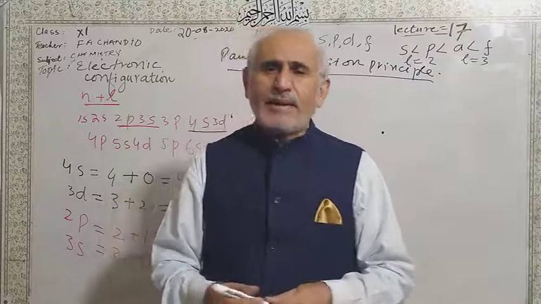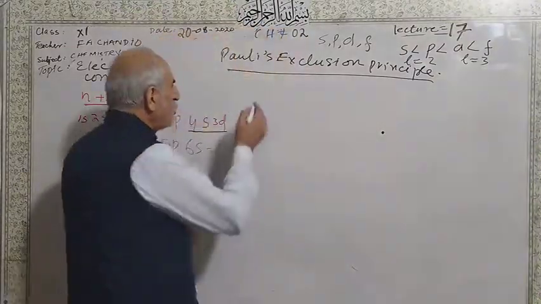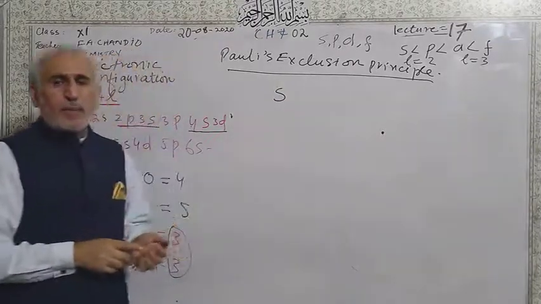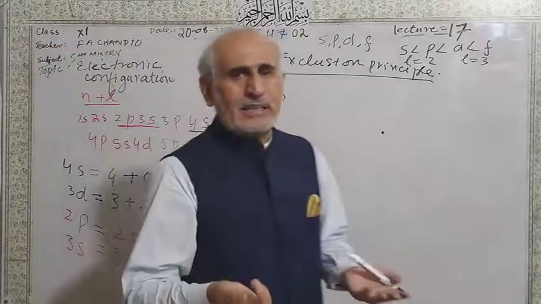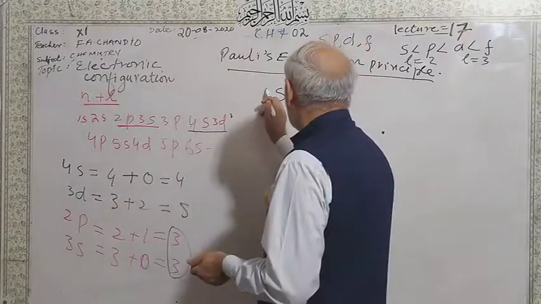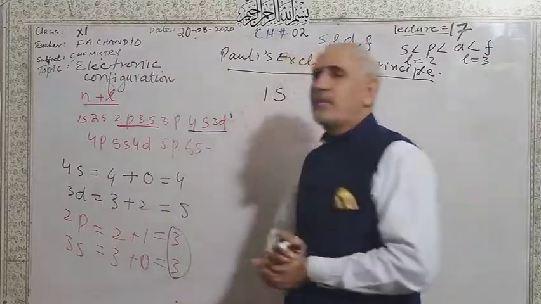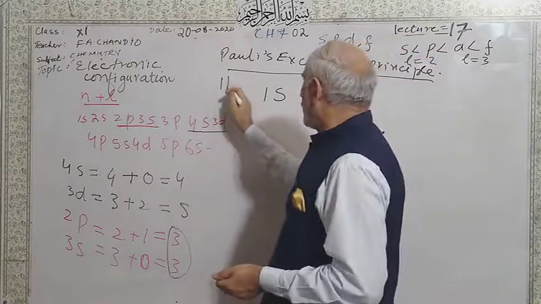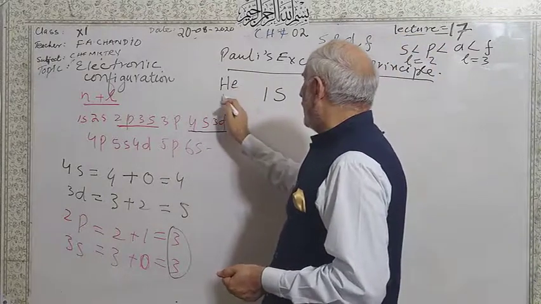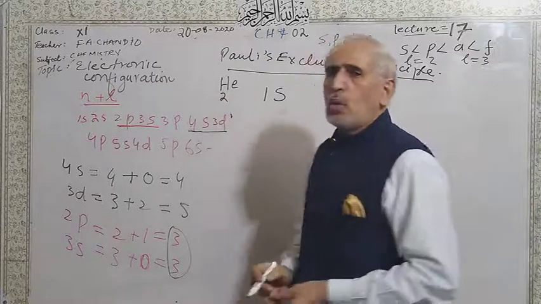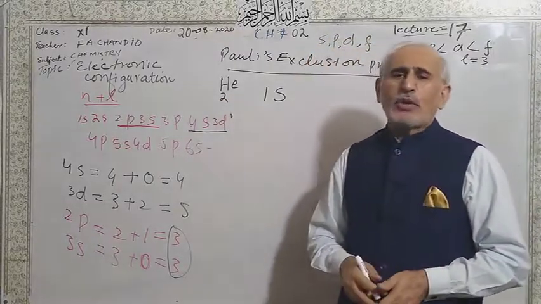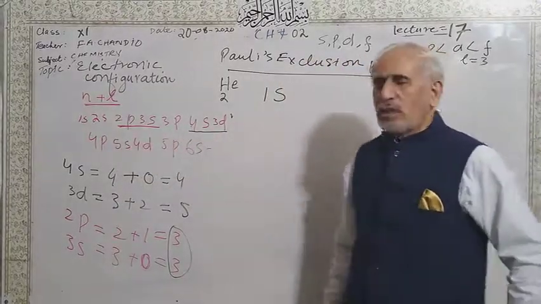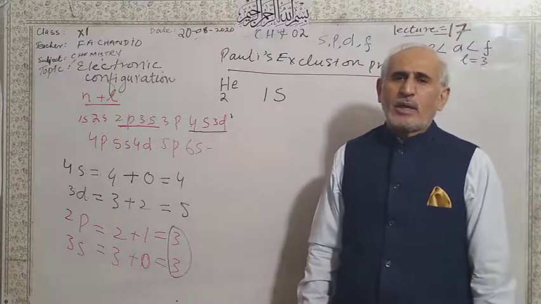This means that when you are filling the s orbital, suppose I am going to write the electronic configuration of helium, atomic number 2, using the sequence according to the Aufbau principle.